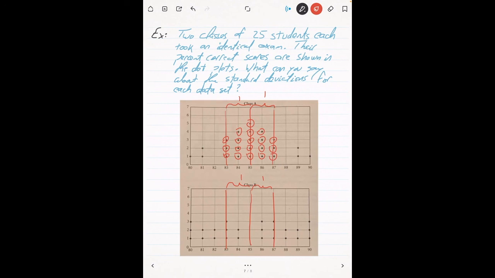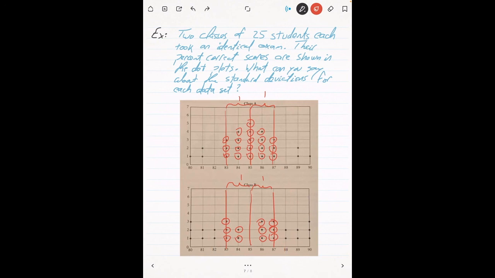Versus in Class B, 1, 2, 3, 4, 5, 6, 7, 8, 9, 10, 11. 11 students in between the 2 values above and below 85. So, way fewer here than here. And in fact, 11 isn't even half of the data. I would need to go out even further to get about half of the data points.